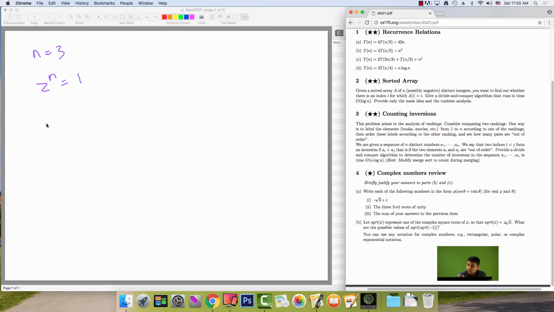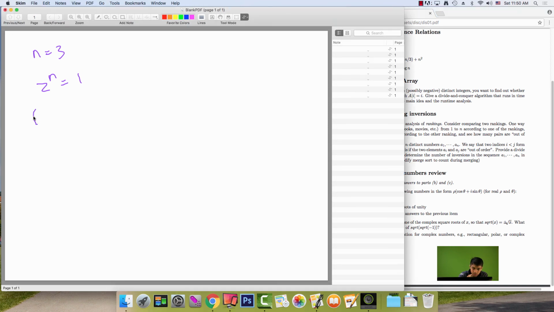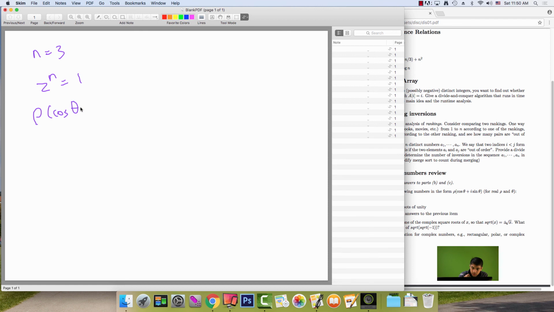so as we covered in the previous part, complex numbers are of the form rho times cosine of theta plus i sine of theta. So this rho is going to equal 1 for roots of unity, and the theta is going to vary.